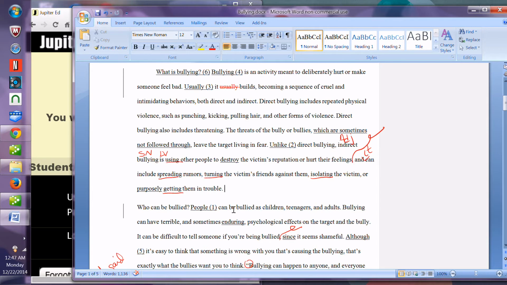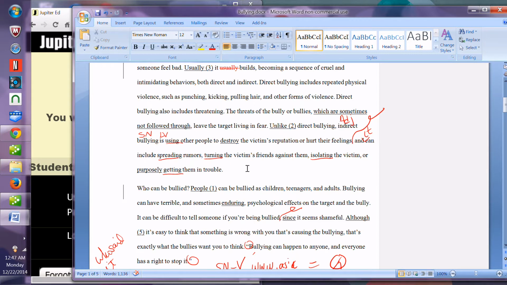And then this sentence, bullying can have lasting effects on individuals. So that's going to be our first paragraph.